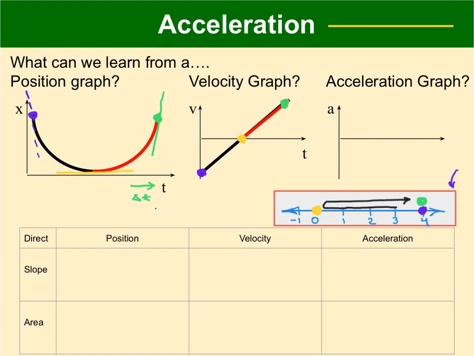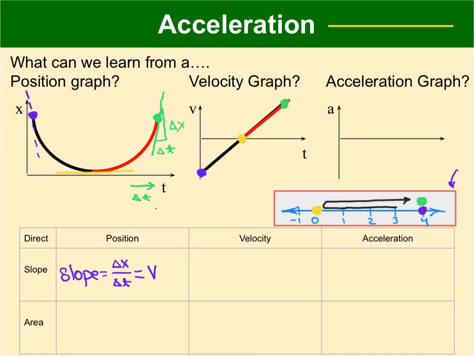When we want to think about what we can learn from each one of these, our slope here, of course, we could look over here, is the change in position over the change in time. And I'm going to write this down here on the position graph. Our slope is equal to change in position over change in time, which of course gives us our velocity.